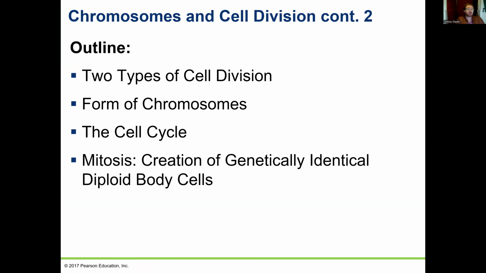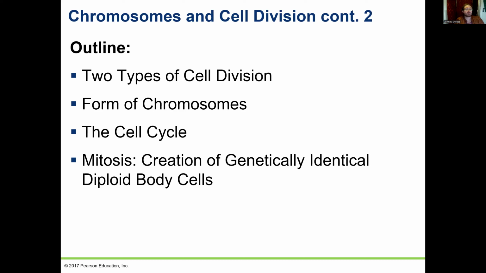So we have two types of cellular division. All right, so here's the framework for the content for this section. We're going to cover the two types of cellular division, mitosis and meiosis. We're going to talk about the different forms and structure of chromosomes. We're going to talk about the cell cycle and what that means.